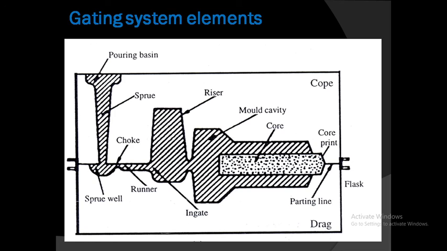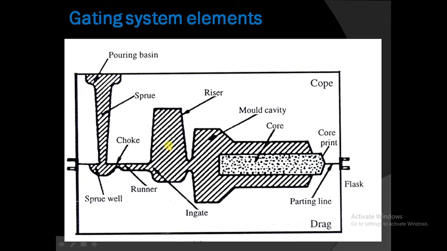Now next, the riser should be located as near as possible to the mold, to take advantage of the gravity head of the metal.